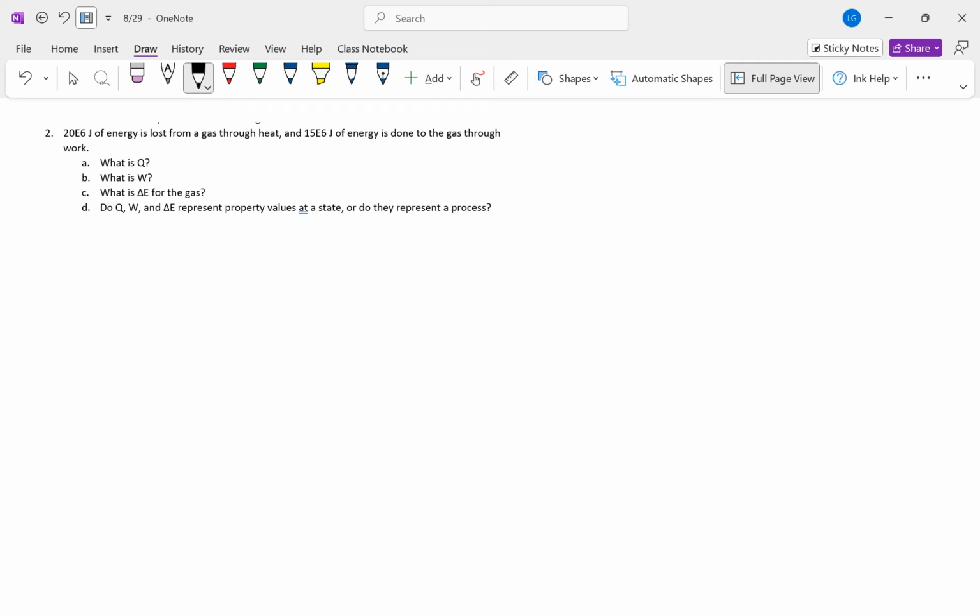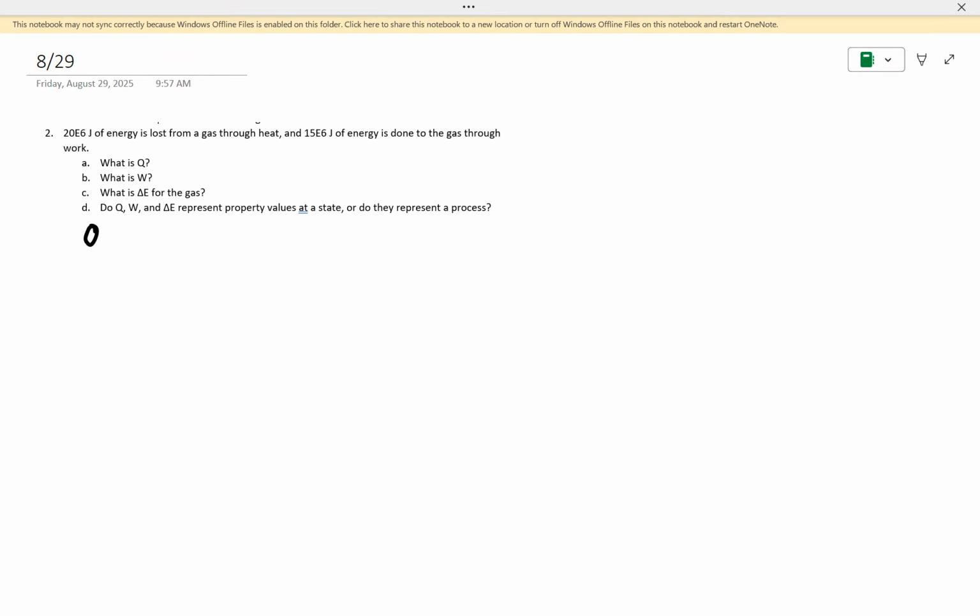15 times 10 to the 6 joules of energy is done to the gas through work. Well, Q is positive when it's added to the gas, because the gas is our system.